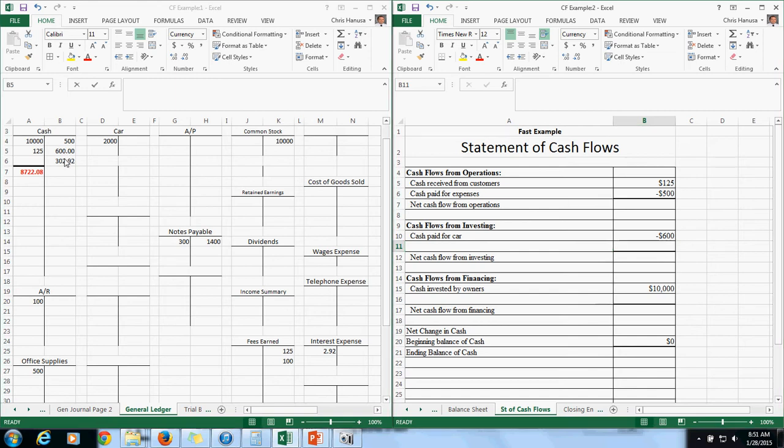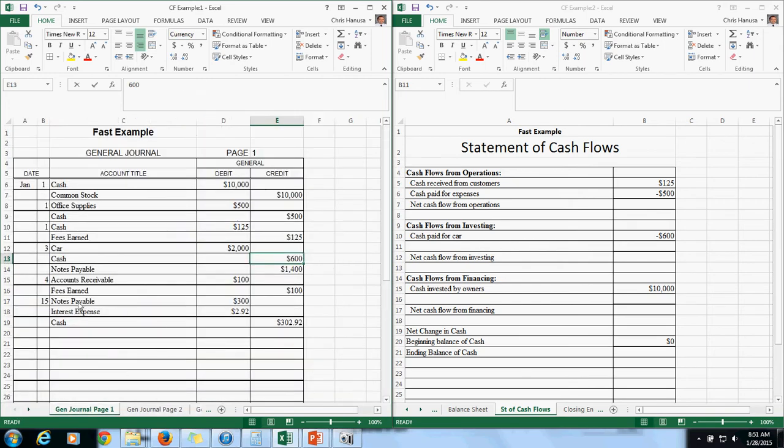Lastly, I've got a credit for cash for $302.92. So why am I paying that? Well, we can look down here. It's at the bottom, cash credited $302.92. And we can see it's actually a payment on this notes payable, and it includes interest. Now, some would say you move the interest up to cash flows from operations. I'm okay with this being included together.